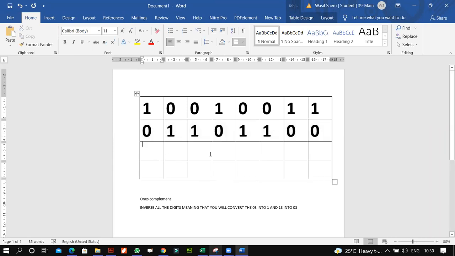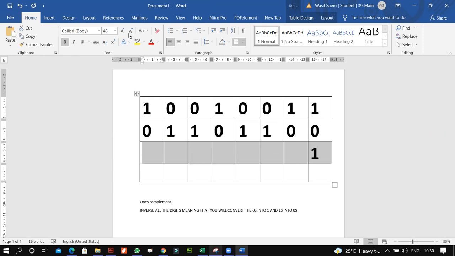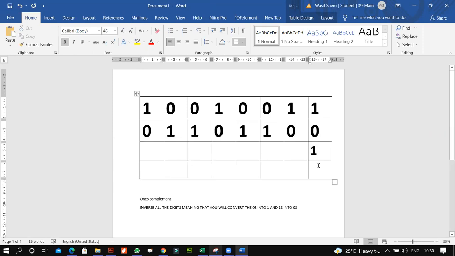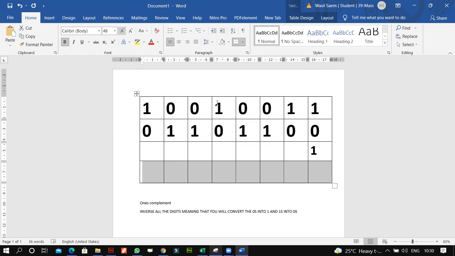Your two's complement basically means, so we are here now, okay? Two's complement says that you need to add 1 to it. Now, if I add 1 to it, what do I have? We talked about addition. So if I add 1 to 0, what will happen? 1 plus 0, I'll get 1 here.